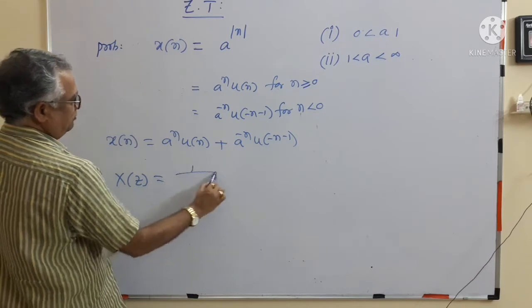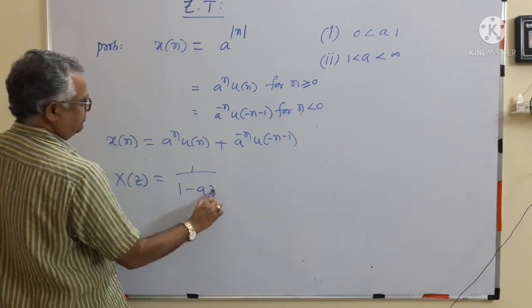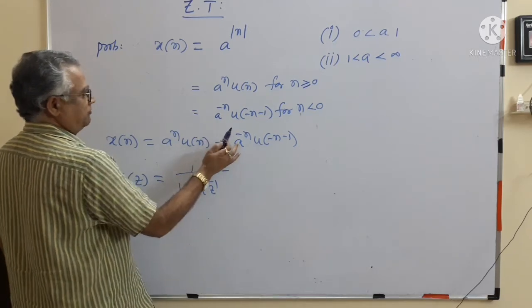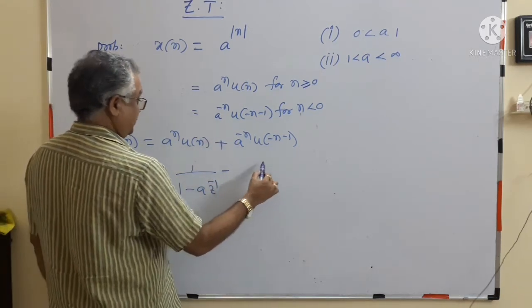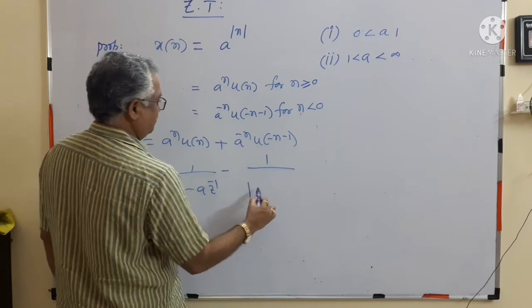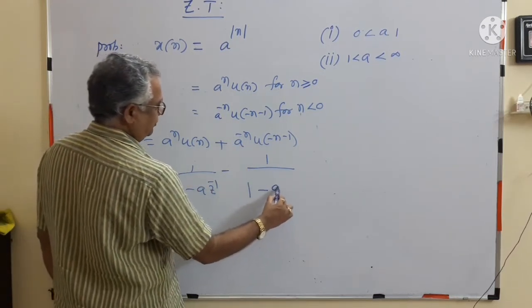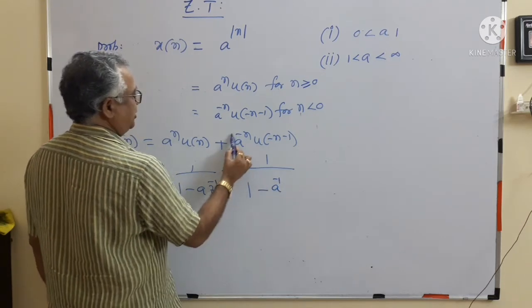Right side 1 by 1 minus a z inverse, minus of minus, so we can write 1 by 1 minus a inverse z inverse.